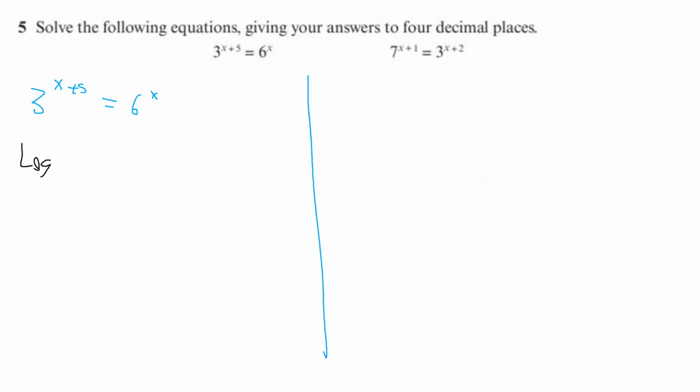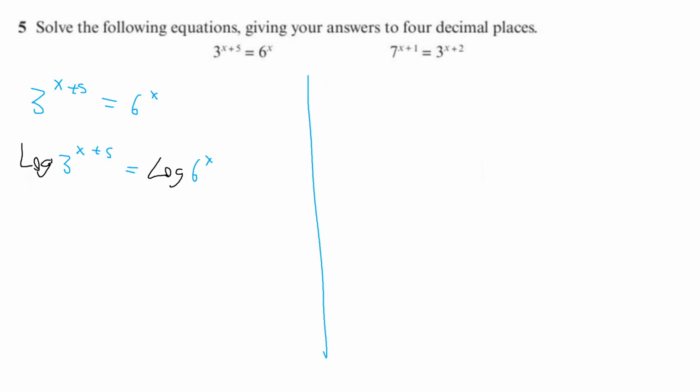So the log of 3 to the power of x plus 5 is equal to the log of 6 to the power of x. Yeah?